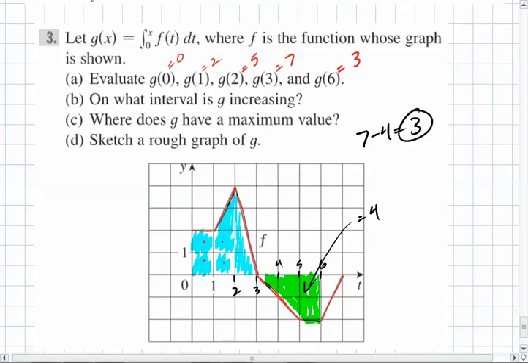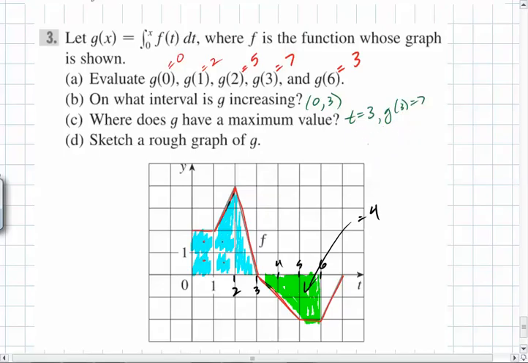So here's a question for you. Where do you think g has a maximum value? At t equals what? 3. And what's the output value? What's g of t going to be at that point? G of 3 is what? We already know what it is. G of 3 is 7, exactly.